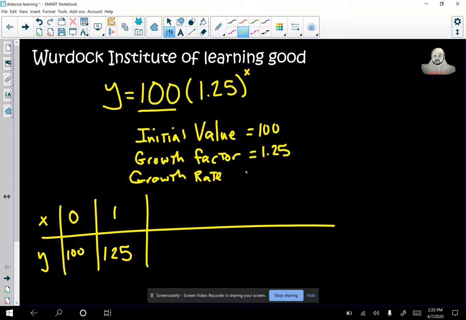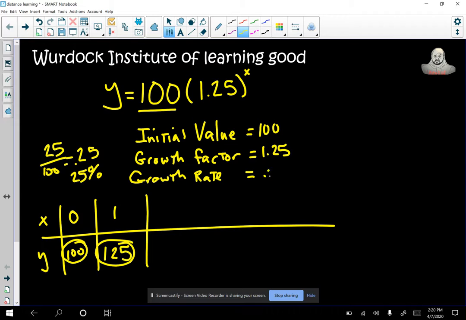It is the percent that you're growing by. So if you just look at these two numbers, this number here is 25 larger than that. And 25 compared to the original is 25 100ths. So you don't have to do all this math each time. That just represents 0.25 or 25%. That is the growth rate.